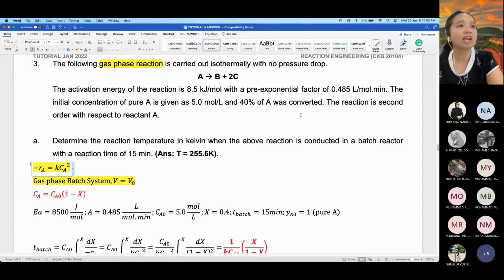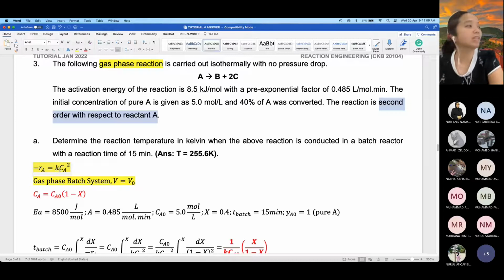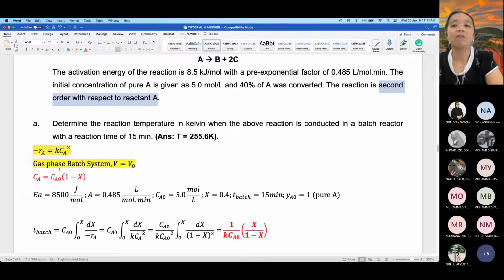Because this says the reaction is second order with respect to A. So minus RA equals K CA to the power of 2 to depict second order with respect to A. Okay, so that's all the information given. So by right, when you know all this information, you can already write down apa information yang diberi daripada soalan.